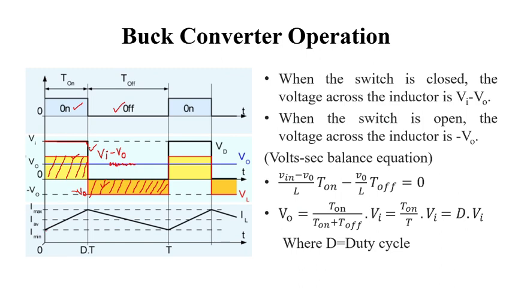As in the previous case, our current is increasing during the T on period, and current is decreasing during the T off period. This is our on period, and this is our off period till here.